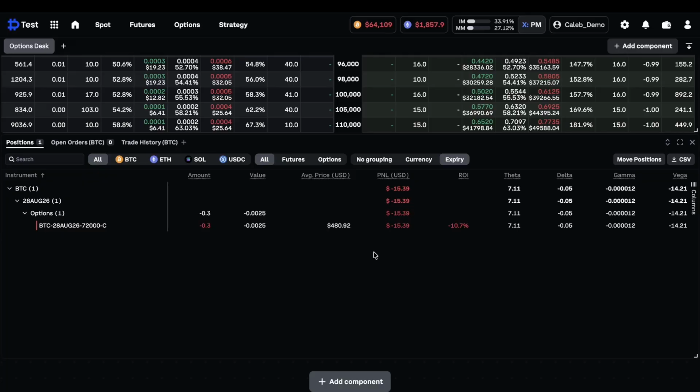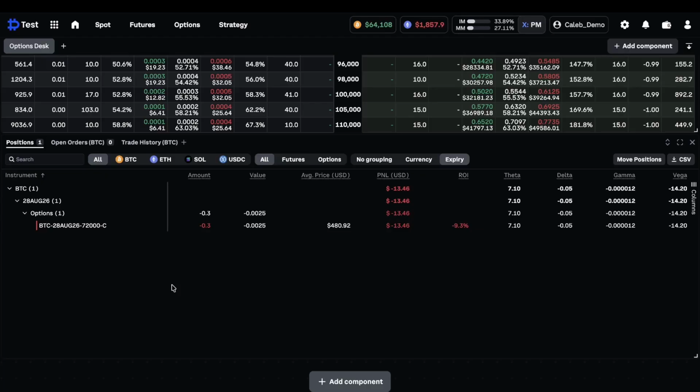So I cannot make more than that. That is the only caveat when you sell a call or sell a put. The maximum profit will be equal to the premium that you receive. That is your maximum profit, but the maximum loss is unlimited. So if by the end of the month Bitcoin is above 72K and even higher, my loss will keep on growing exponentially if I don't close a position.